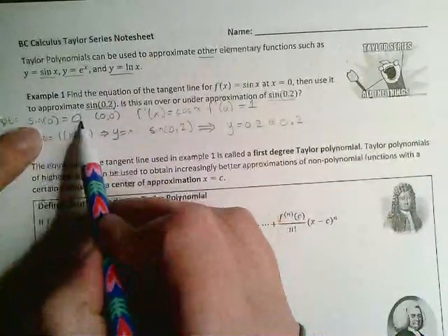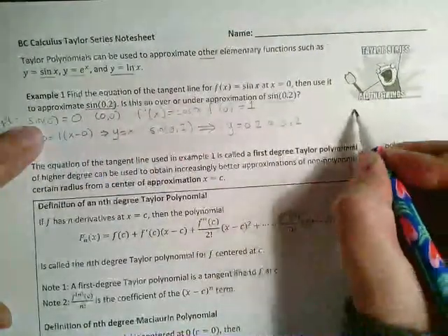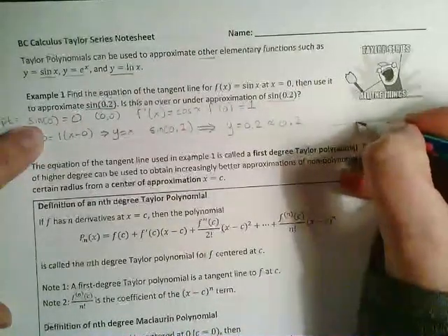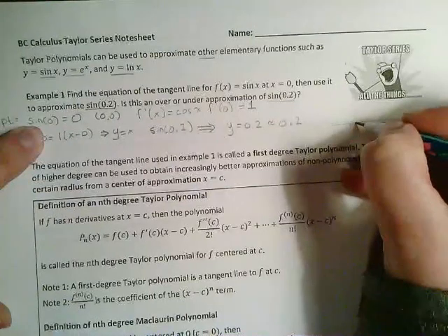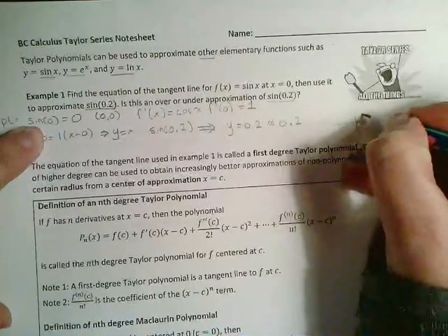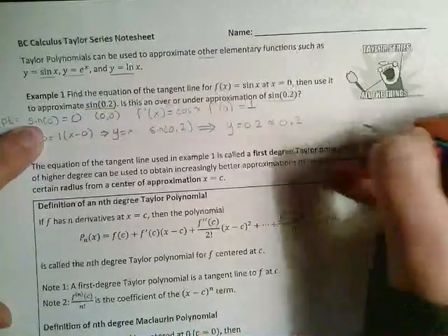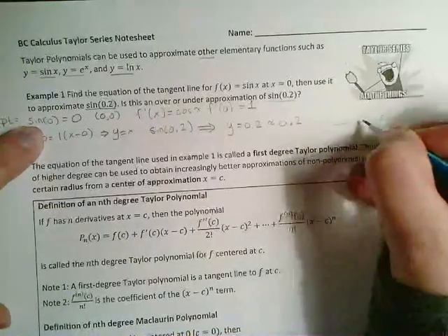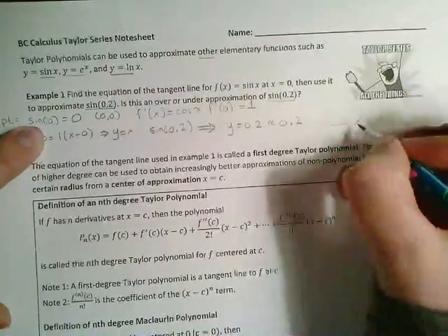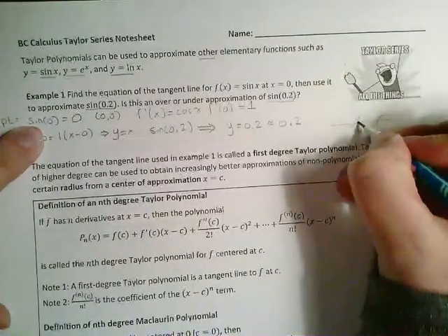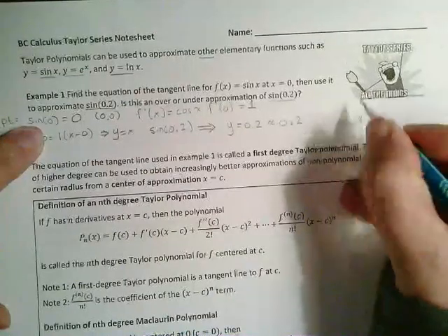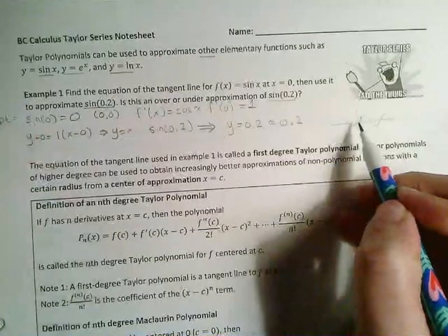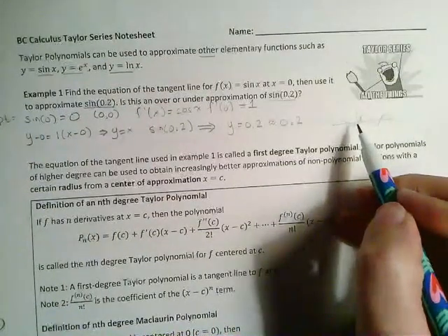Because sine of 0 is 0, and the tangent line right here has a slope of about 1, we can say that approximately at this point, at 0.2, it is basically the same thing as being on that tangent line, okay?